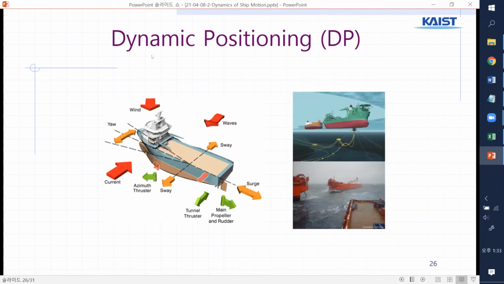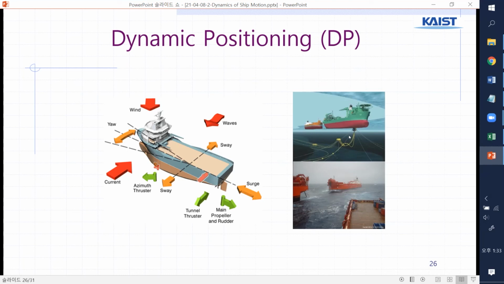And dynamic positioning is something where you need to have several propellers. You cannot see them here, right? There are some small propellers you see here. So you can do position keeping for several reasons. One is you have a pipeline coming from the sea bottom so that the ship should stay there.